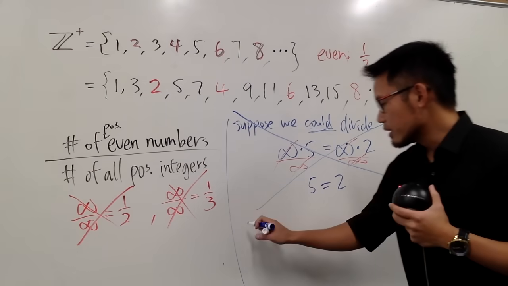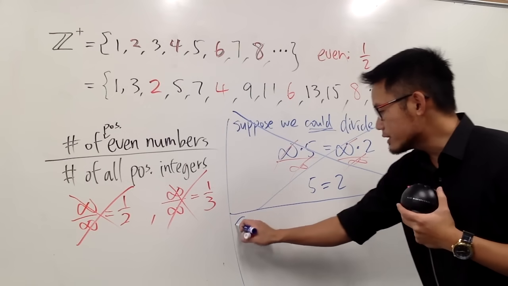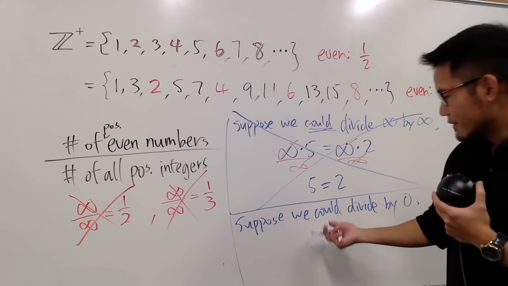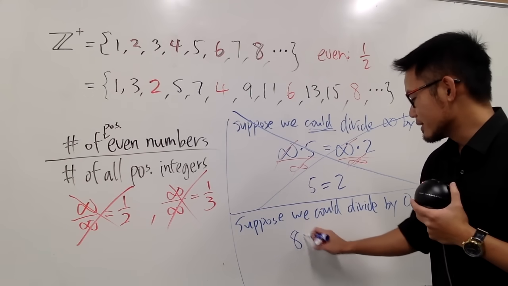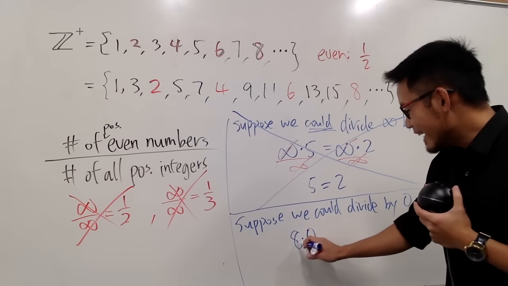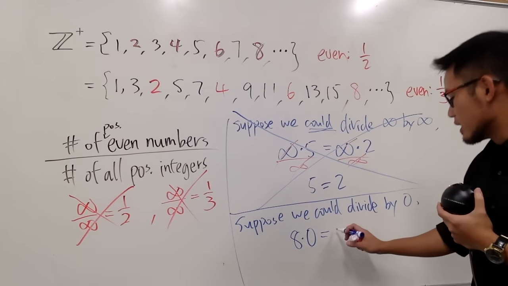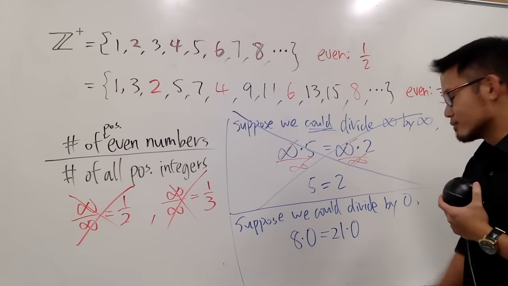The same argument can work to show that we cannot divide by 0, all right? Suppose we could divide by 0. Here's the deal. Let me pick another number. Let's say 8 times 0. This is like the vertical version of infinity, but no. This is 8 times 0, which is 0, but I can also write 0 on the right-hand side as 21 times 0.